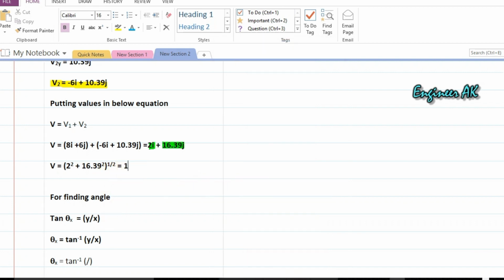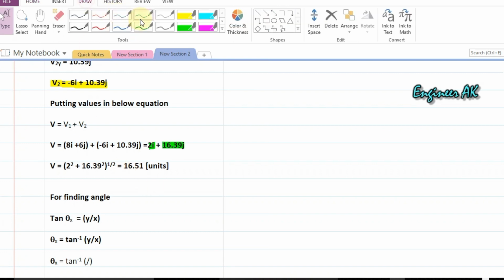So 16.51 units. They didn't give units here, let me write it in. So units. So that is the first answer, right? 16.51, it's the magnitude of this vector.